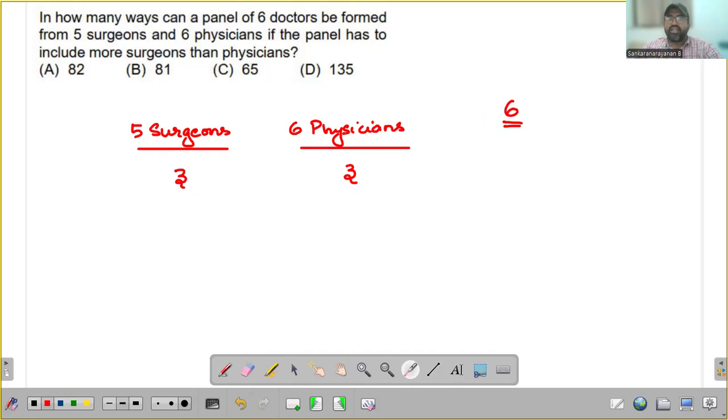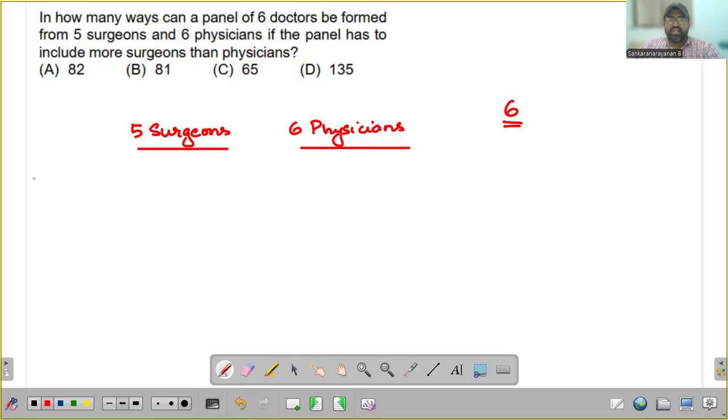But 3 cannot be considered, because then the number of surgeons and physicians in that 6-member panel is equal. It's not possible, right? They have told you that there should be more surgeons than physicians. So 3 cannot be considered.